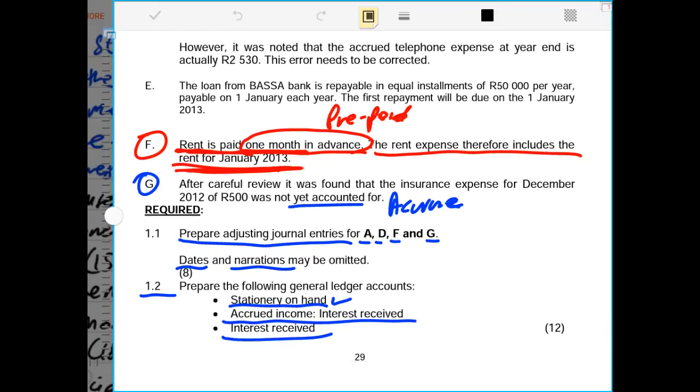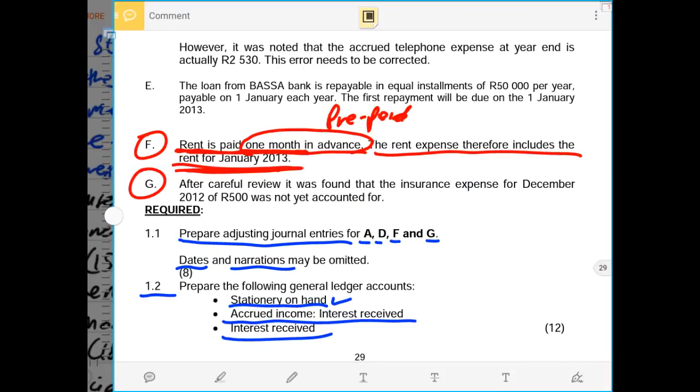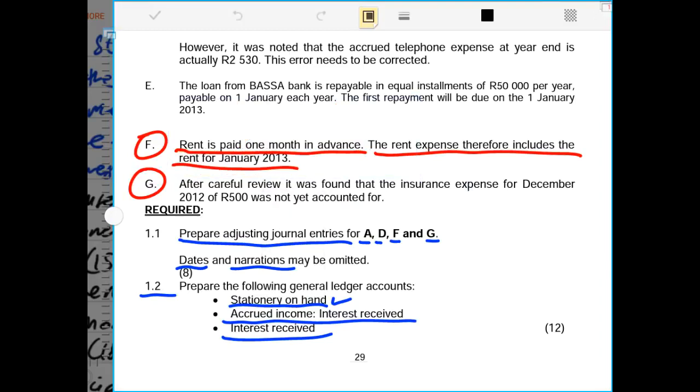And the last, but not least, the last entry says that after careful review, it was found that the insurance expense for December, the amount of 500, was not yet accounted for, meaning 500 of the insurance expense was accrued.